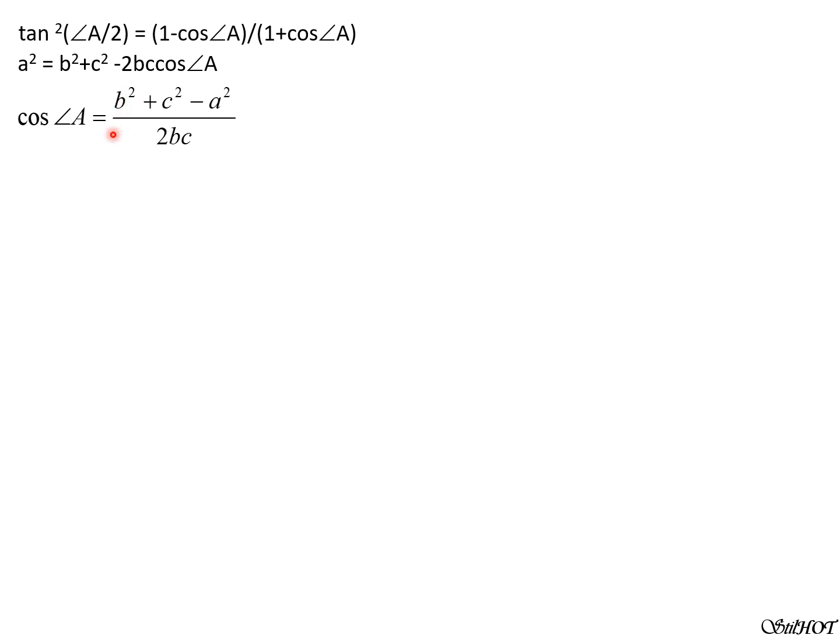And since tangent of A over 2 is r over s minus a, this tangent squared of angle A over 2 is also r squared over quantity s minus a squared. And we substitute the value of cosine A into the right side of the equation.